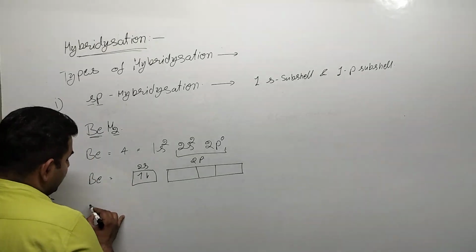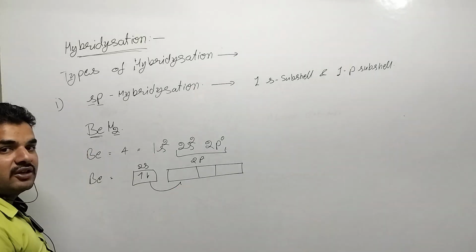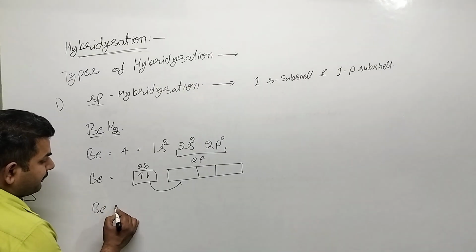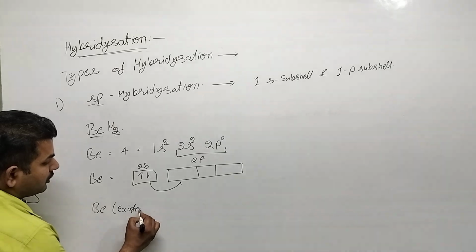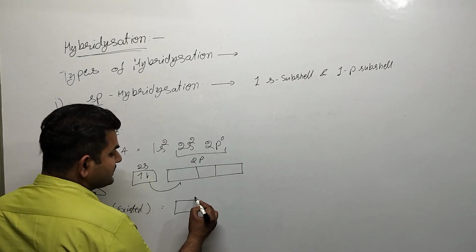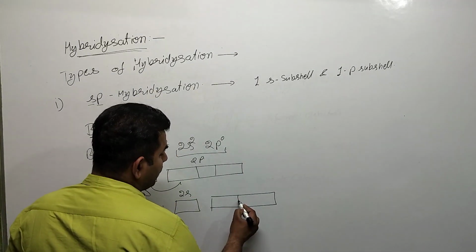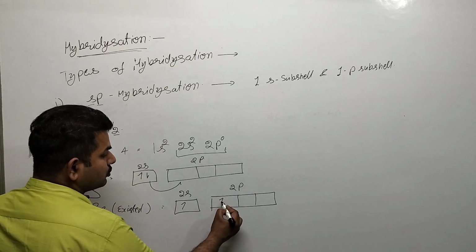But in the excited state, one of the electrons can transfer from a lower energy orbital to a higher energy orbital, that is beryllium excited state configuration, that is 2s, and we have 2p, 1, 2.